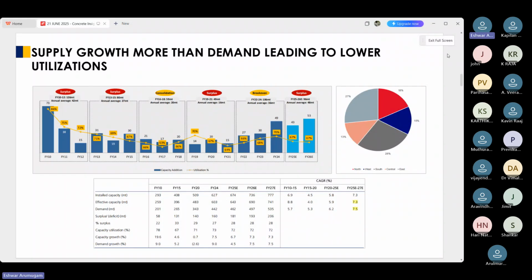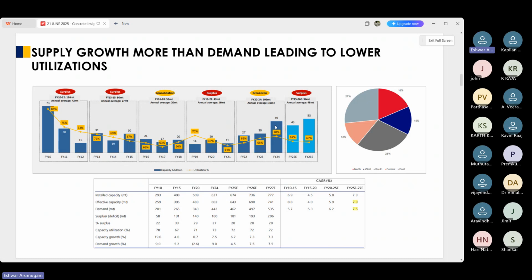So if we see, this is the supply and demand dynamics of the cement industry. Cement supply over the last 2-3 years, we see it has outpaced the demand, because of which it has caused lower utilizations among the cement mills.